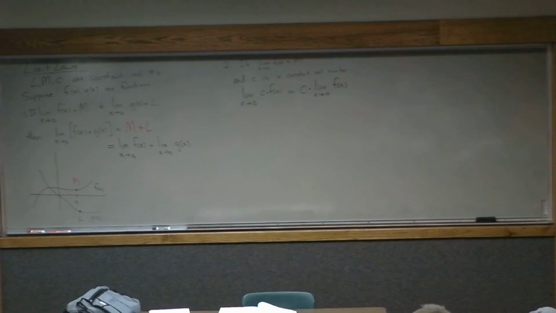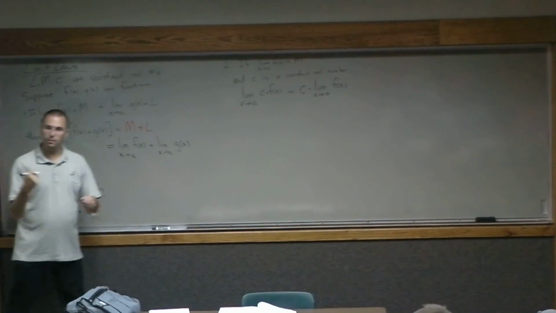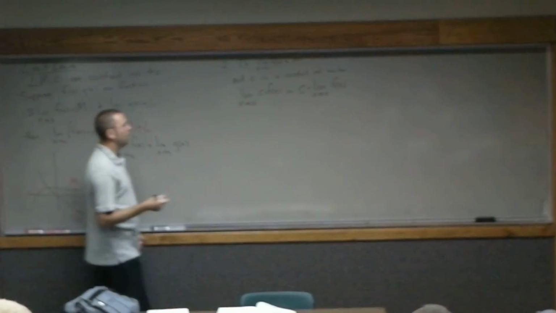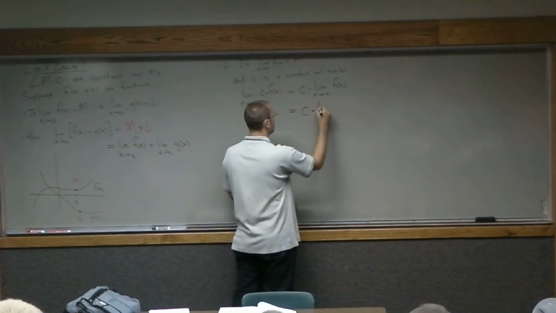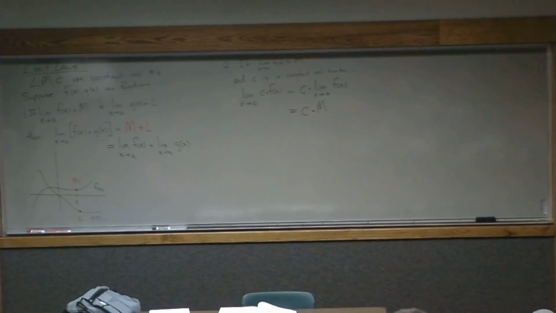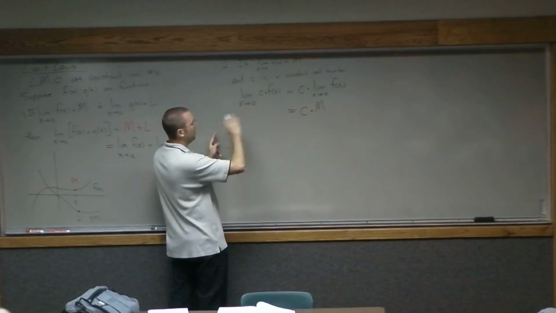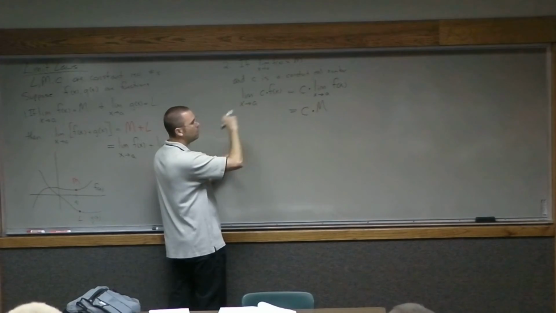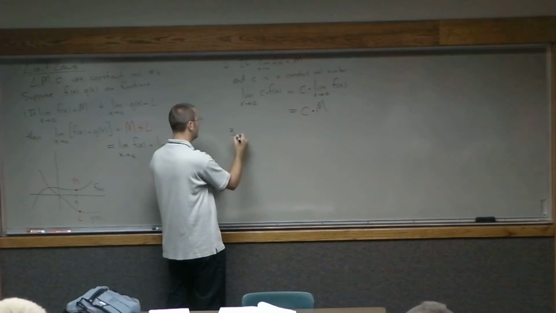And so in working with constants times functions, I can just move the constants outside of my limit, and that means this is c times M. So whenever I multiply a function by a constant, and I look for the limit, move the constant away for a minute, find the limit of the original function, then multiply that limit by the constant. And there's what we get.